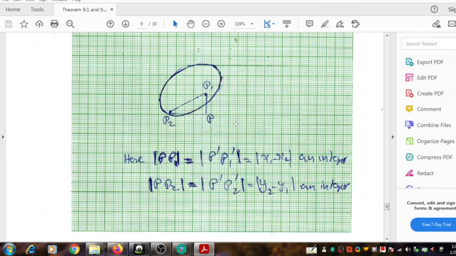Hence we can conclude that there exist 2 points P1 and P2 in the original set C such that the differences of their x coordinates and y coordinates are integers.